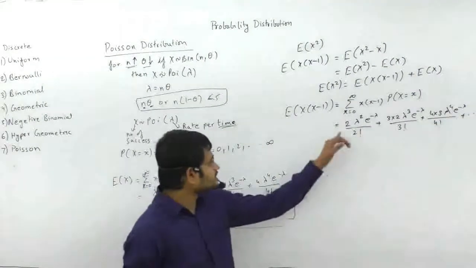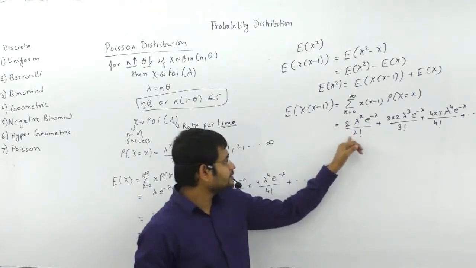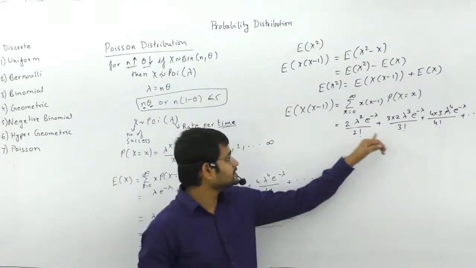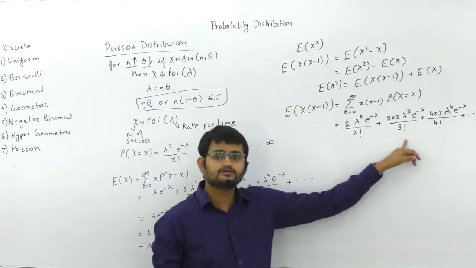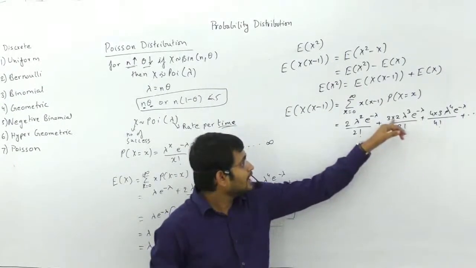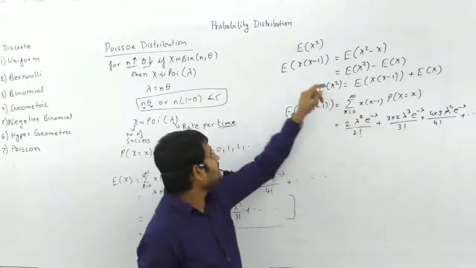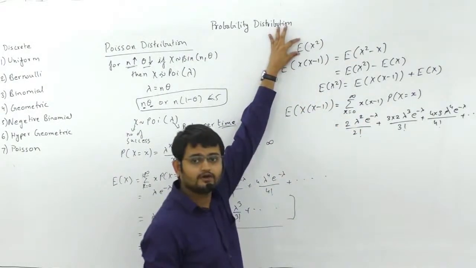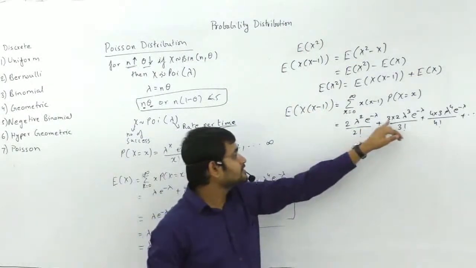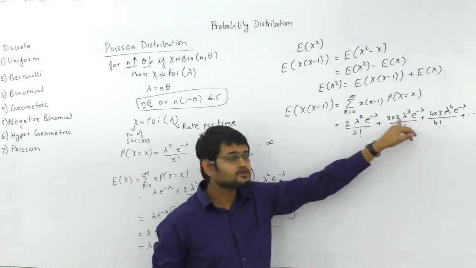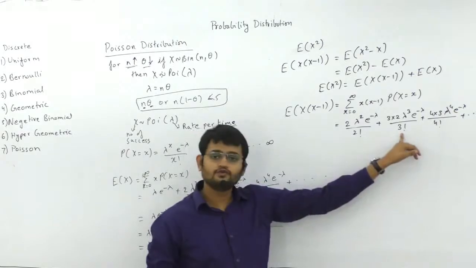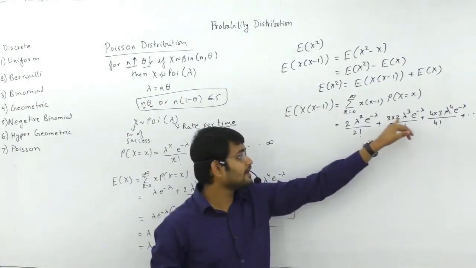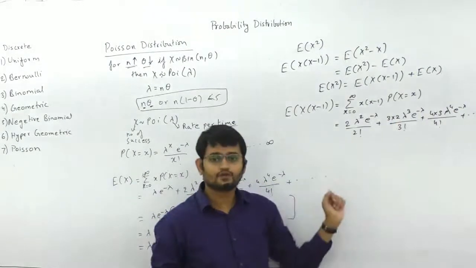Now if you see here, I can remove 2 from 2 factorial. Similarly here I can remove 3 from 3 factorial, and this then becomes 2 factorial. Rather, if we had x square and actually found E of x square, we'd have 3 into 3. If we remove 3 from 3 factorial, we'll have 2 factorial here, so we would not have another term to remove the other 3 from.